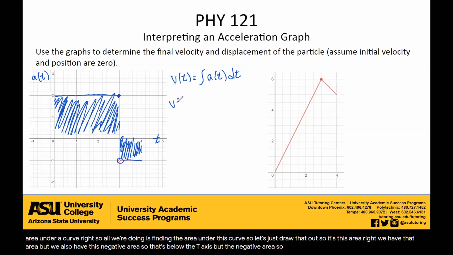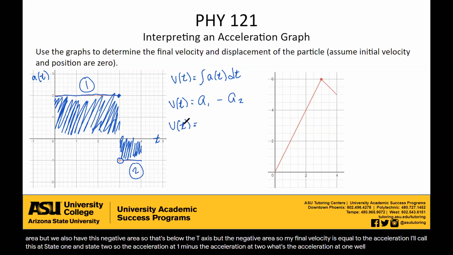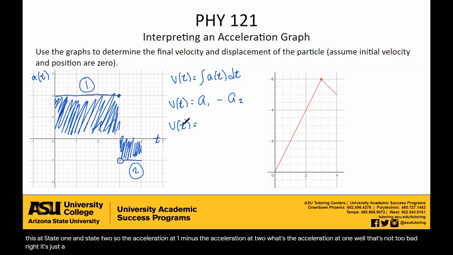So my final velocity is equal to the area at state 1 minus the area at state 2. What's the area at state 1? Well, that's not too bad. It's just a rectangle. We don't have to use calculus.